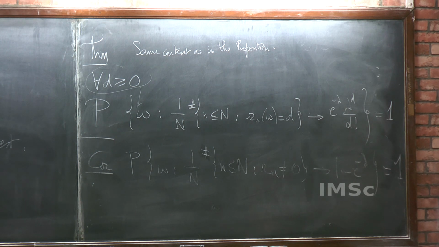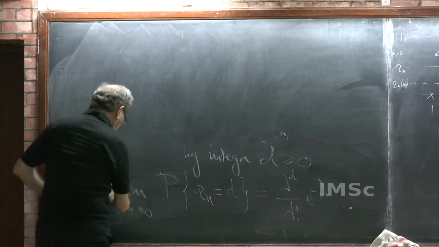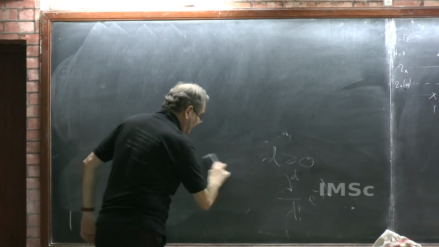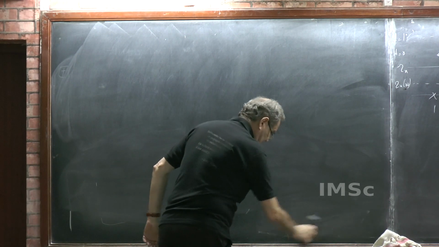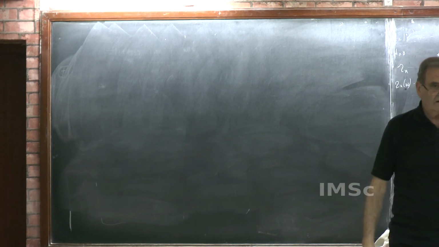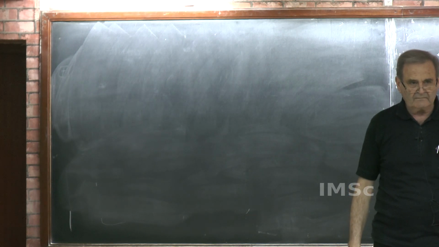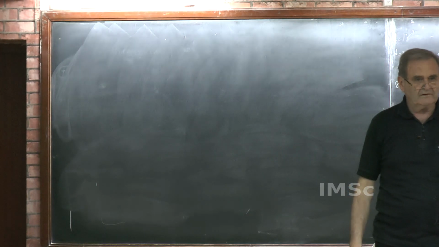Good. This is fine. But we are not at the end of the business. Because you see, in any case, what was really interesting is that in R of n, we were only adding independent random variables. Okay? What about sums of 3 cubes?